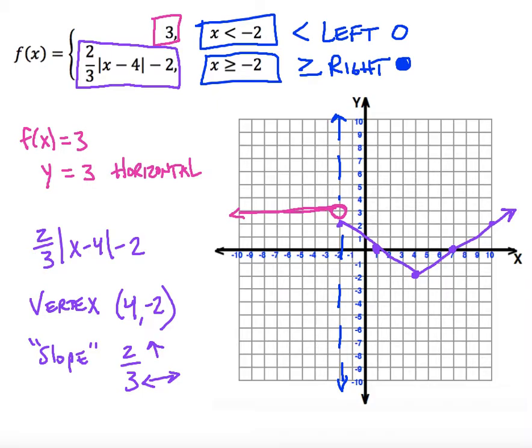So where the purple V hits that fence, that needs to have a solid dot. So remember, from this point, I had to go up 2, over 3. That would put me right here. That's where it would hit the fence. So that needs to be a solid dot. So I have a piece of a line and I have a piece of a V. One needs to stay to the left, the other stays to the right.